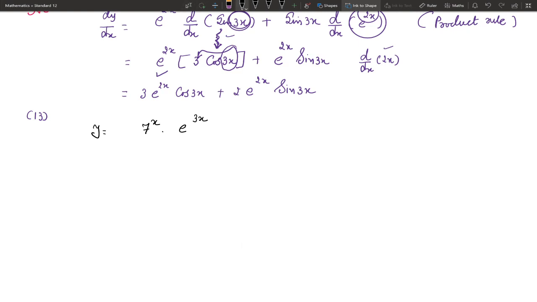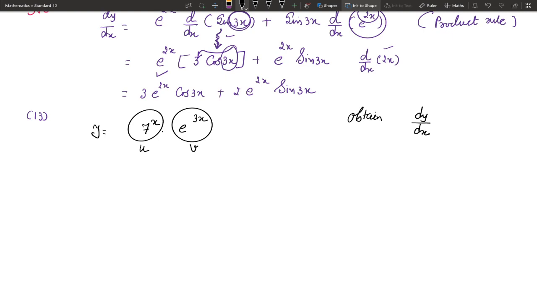So consider this one as u, this one as v. Obtain dy by dx. So we have to use u into v, that is product rule.